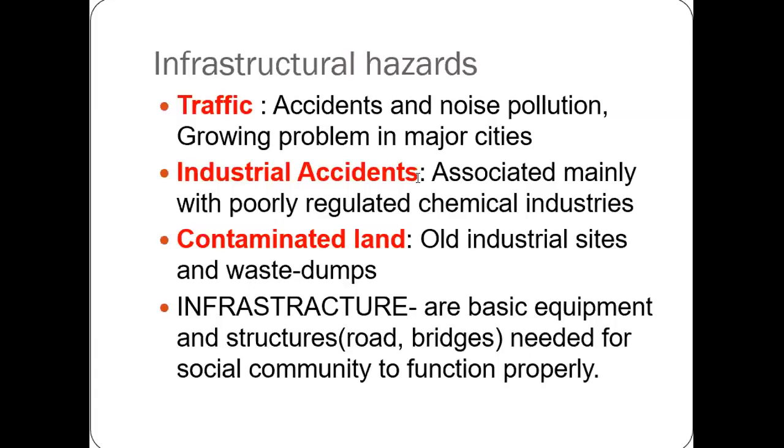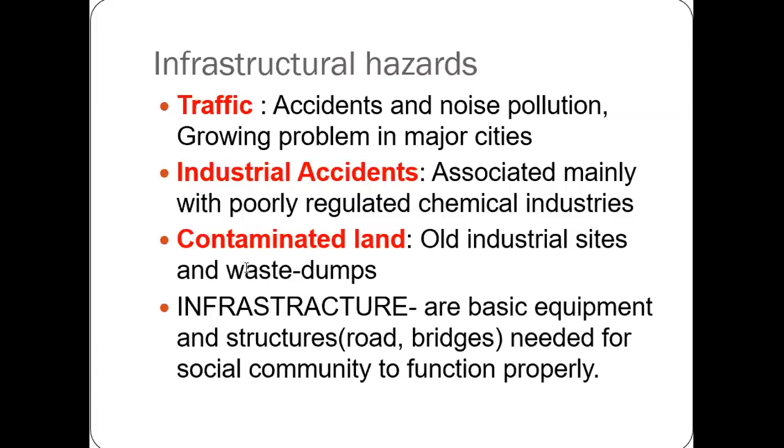Industrial accidents, not only in our country but in other countries as well, are usually common, associated mainly with poorly regulated chemical industries or poor training of employees, poor knowledge about the things that they are doing in their respective workplace.